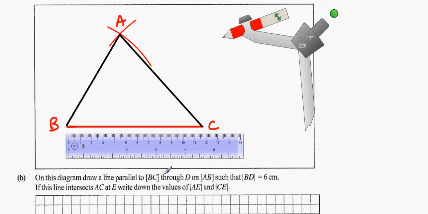So once we draw a line parallel to BC through D on AB such that BD is 6 centimeters. If this line intersects AC at E, write down the values of AE and CE. Okie dokes.